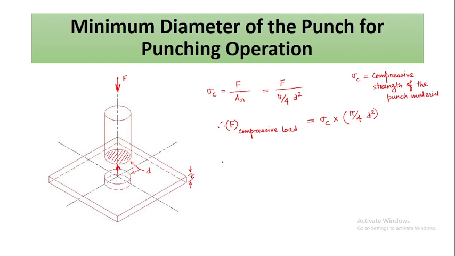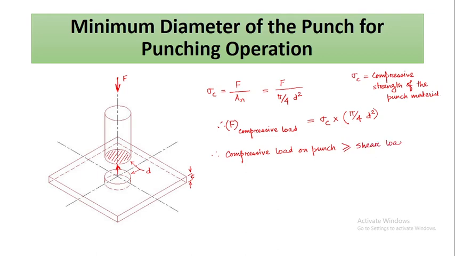Okay, so in this case we can write that the compressive load that is acting on the punch must be greater than the shear load.